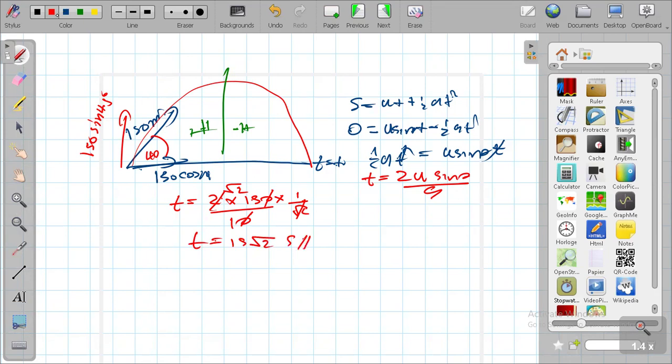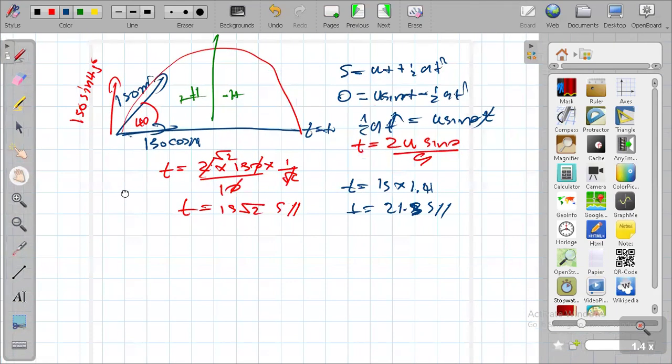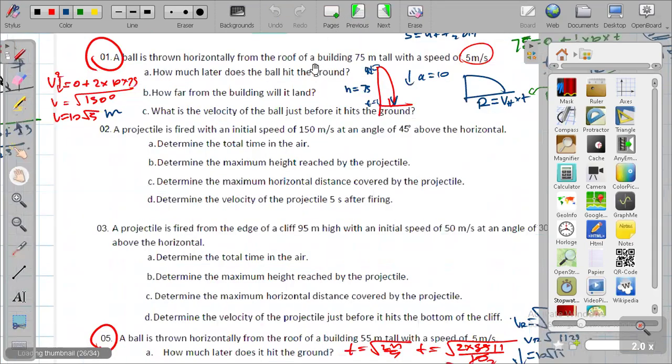You can keep it like that, or multiply 15 times 1.4 nearly, which is about 21.3 seconds. Did you get an answer similar to this? Yes, sir. Right? Yes or no?